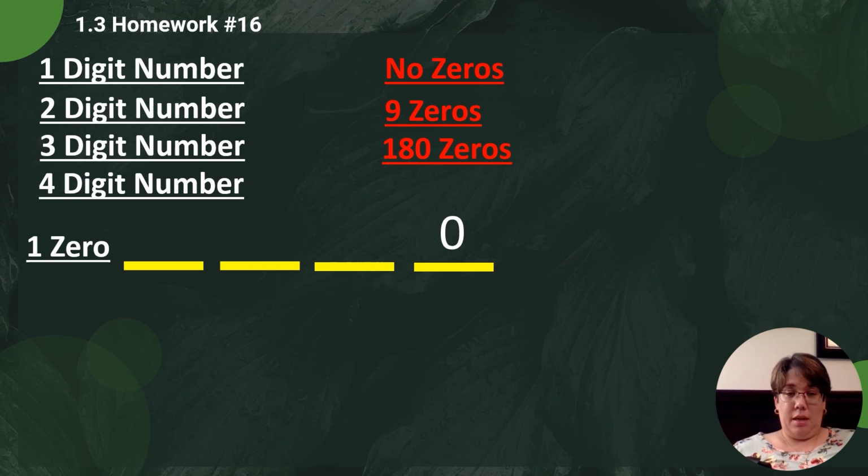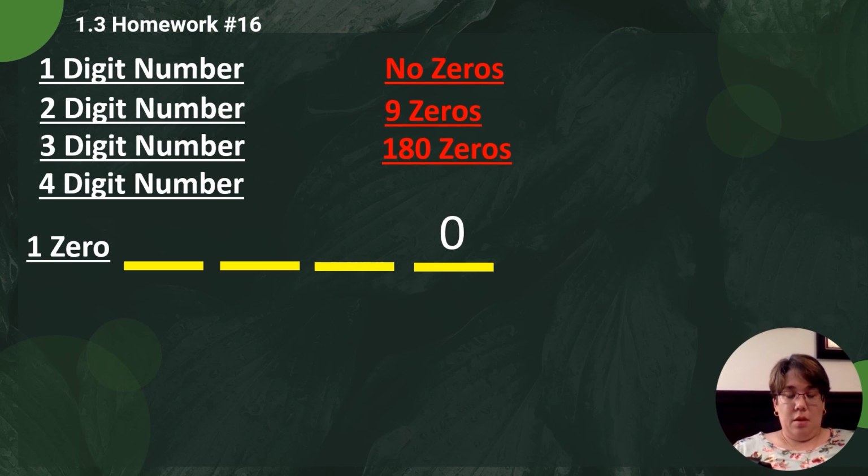Okay, so now for my 4-digit numbers, I'm going to do the same exact thing with 4 digits that I did with 3 digits. So I'm going to start out with 1 0, and then I'm going to look at all the different possibilities.